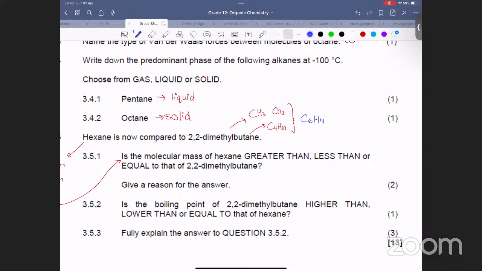Okay, so I would say lower than as well. The boiling point of 2,2 dimethyl butane is lower than that of hexane.